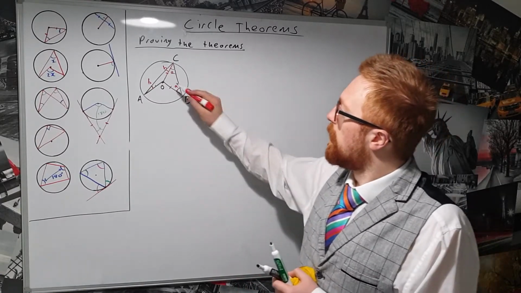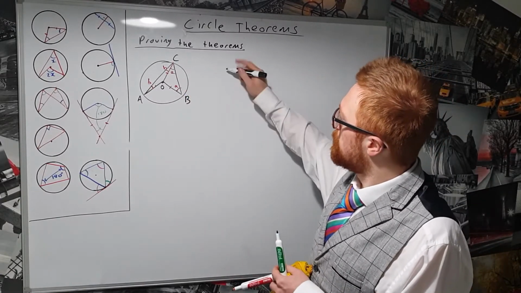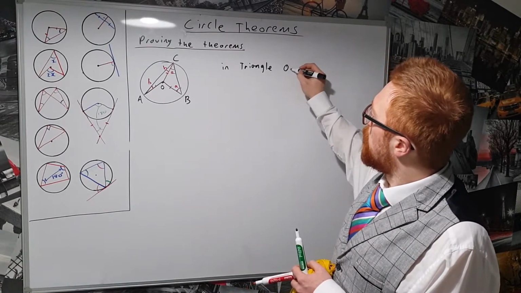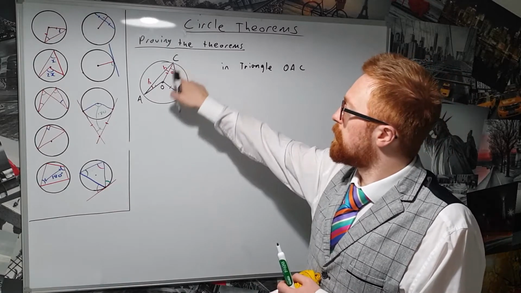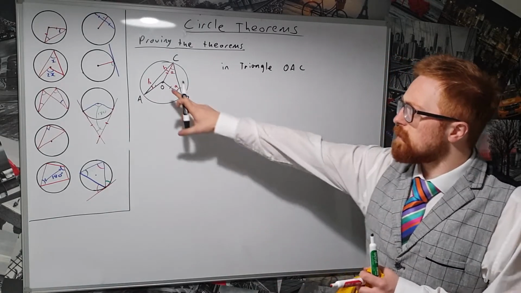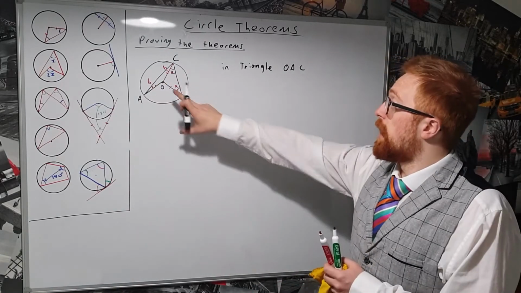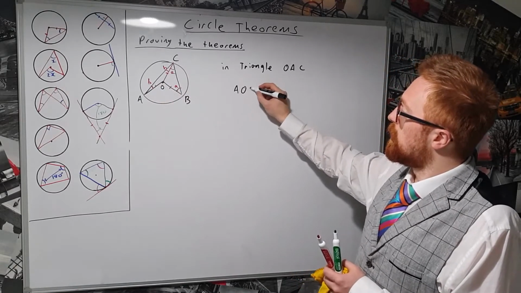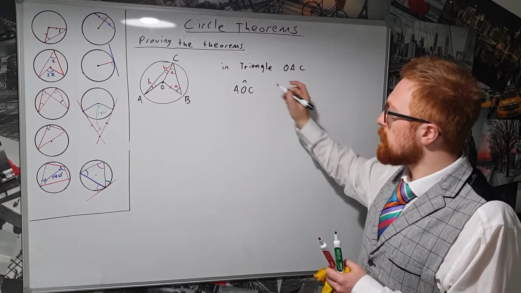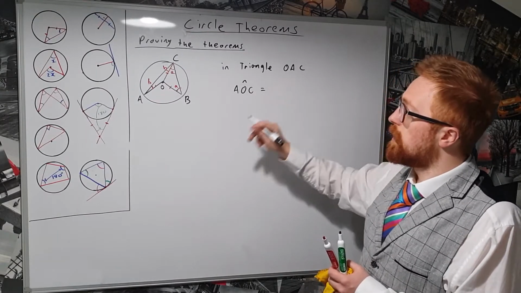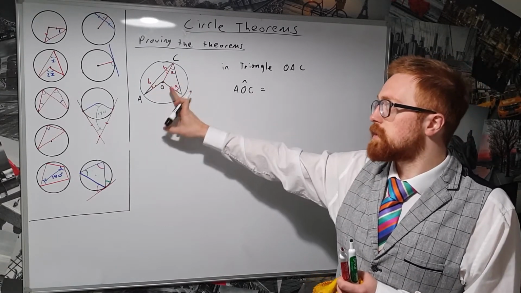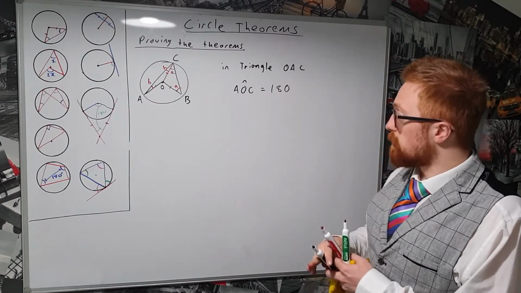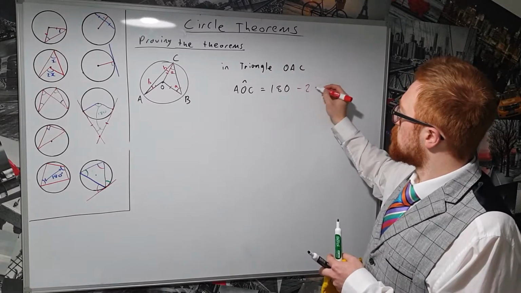Okay, so now in triangle OAC, that's the top one, two of my angles are B, and that means I can work out what AOC is. If we were given numbers, we'd do 180 minus these two angles. So we'll do 180 minus 2b.